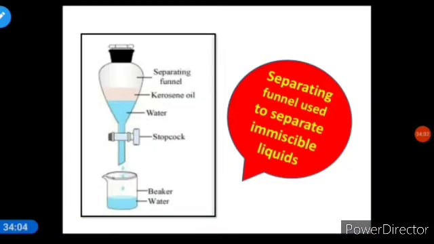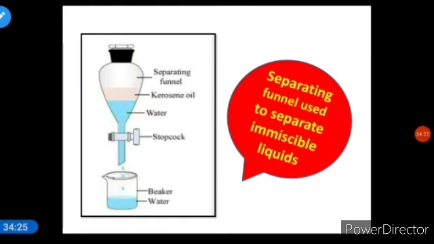So how can we separate the immiscible liquids? We can easily separate the immiscible liquids. We cannot easily separate the miscible liquids. We can use another method for that, but here we will discuss only immiscible ones.